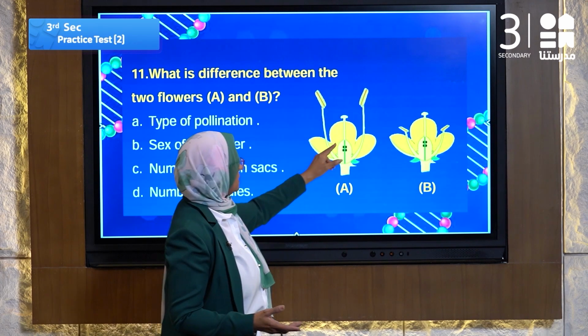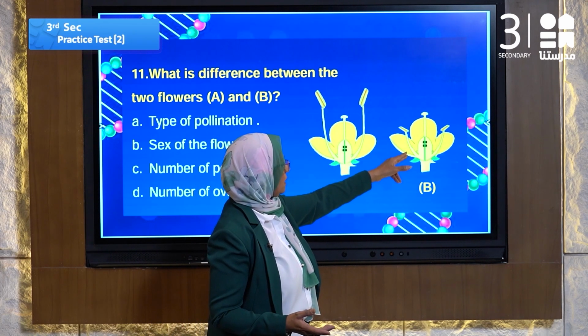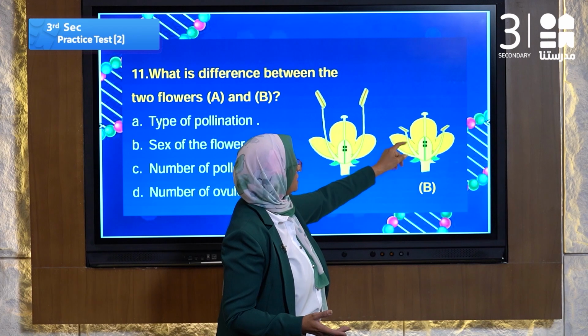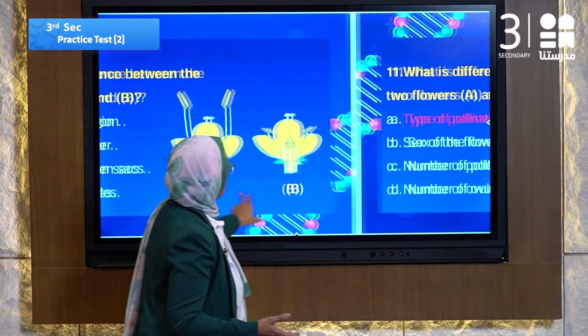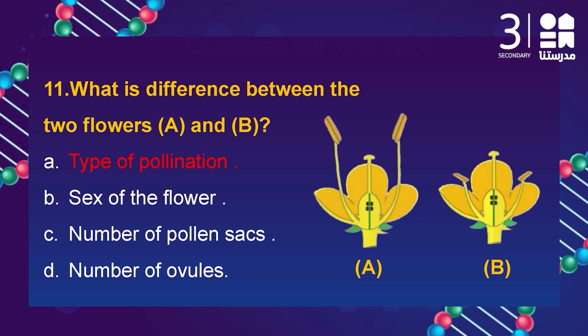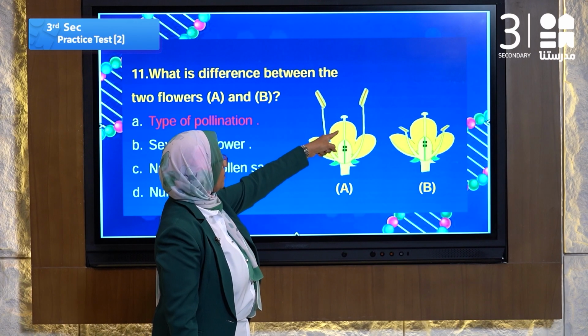Yes. Let's go to the other one. The stigma is longer than the anther. So the answer is types of pollination, meaning how the pollen grain is transferred from anther to stigma.